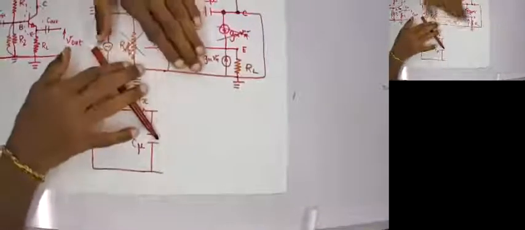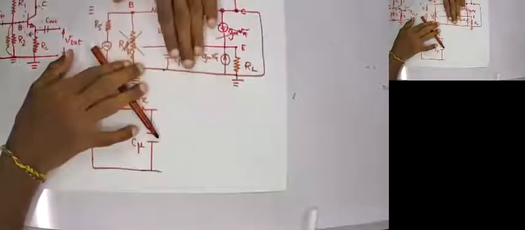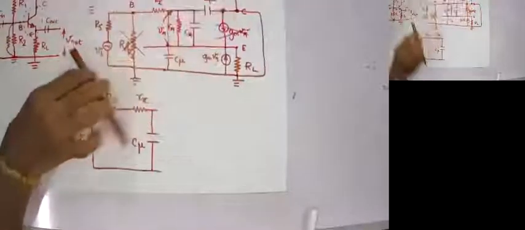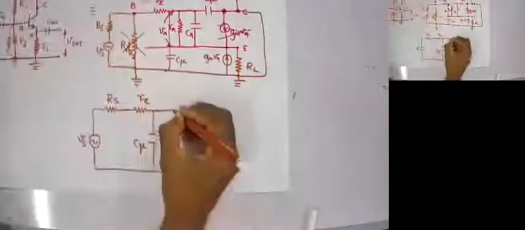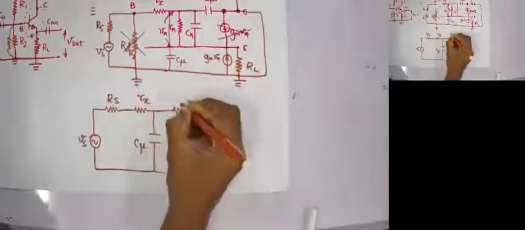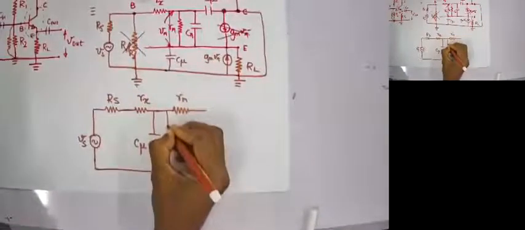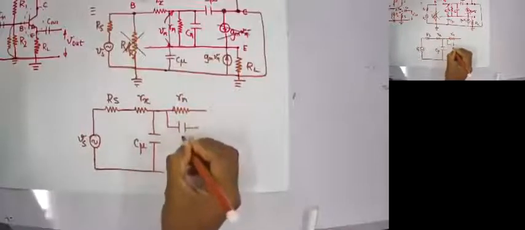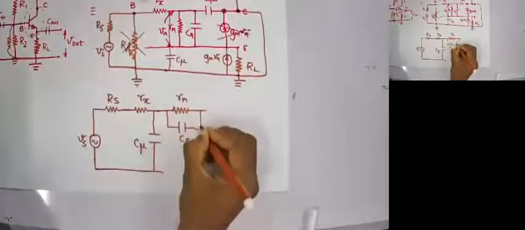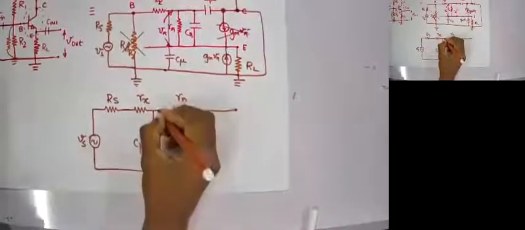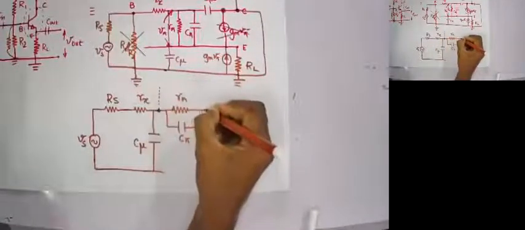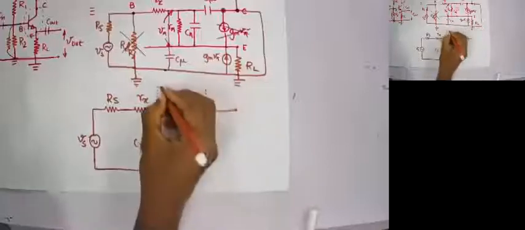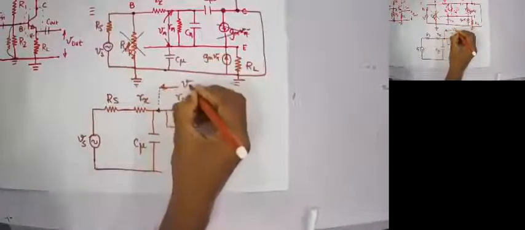Now just turn this RC parallel component into this shape. So I may have R pi parallel C pi, and of course the voltage across R pi and C pi is denoted by V pi.